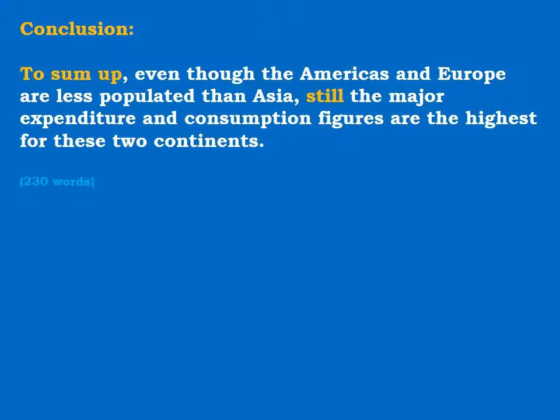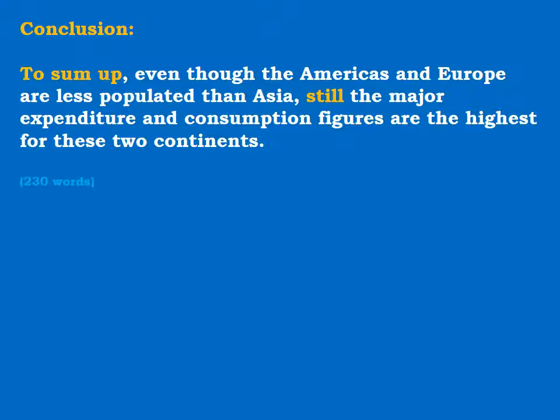Now, let's see the conclusion. To sum up, even though the Americas and Europe are less populated than Asia, you remember we said that Asia has 50% of the world's population, but the Americas and Europe, 28%. Here he mentions this.